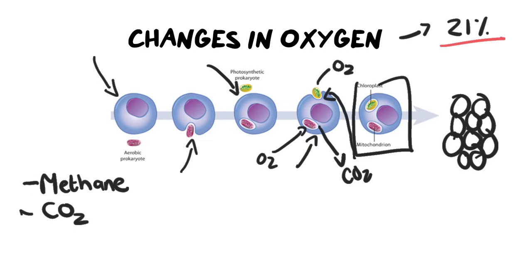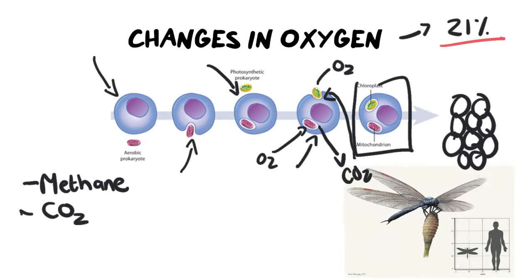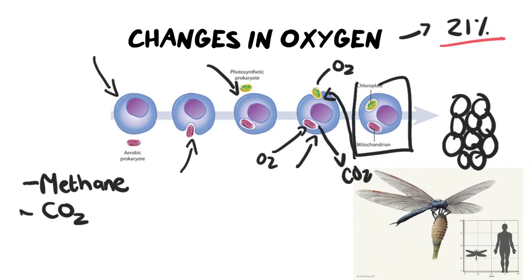In primitive times, like the Carboniferous period, there were so many trees on Earth making so much oxygen that insects during that period of time were enormous. This is a picture of a dragonfly in comparison to the size of a human, if you look down here, and that is enormous.